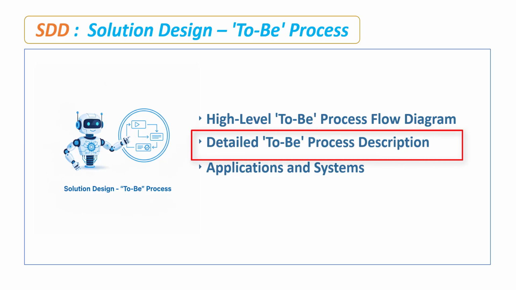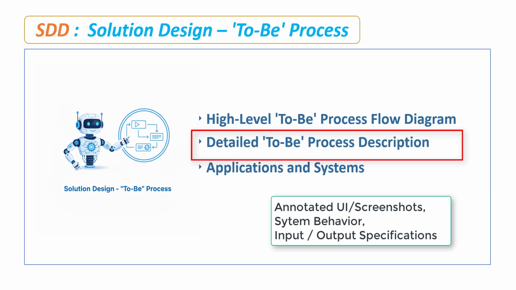Coming to the next subsection, that is Detailed to be process description, which will describe step-by-step technical outline of an automated workflow, which often includes annotated UI or screenshots, system behavior, input or output specifications.